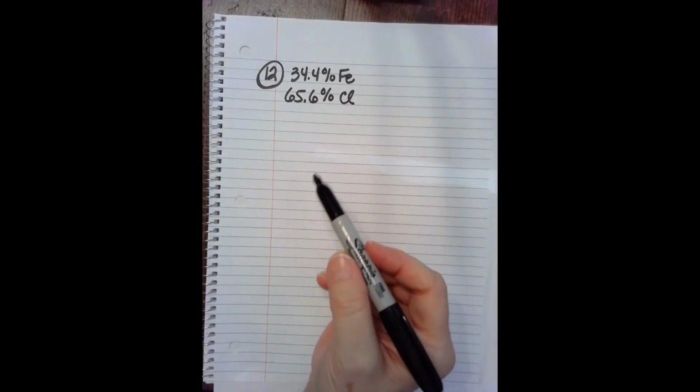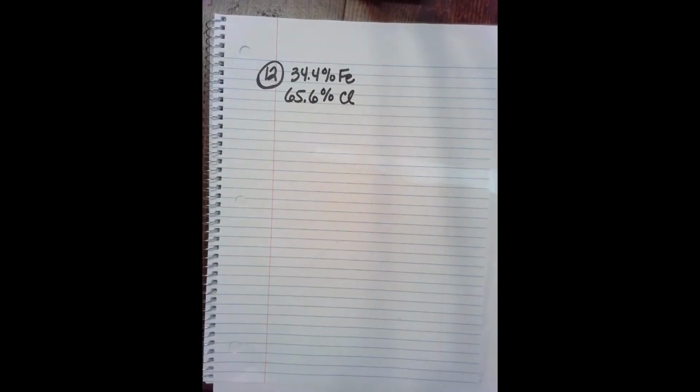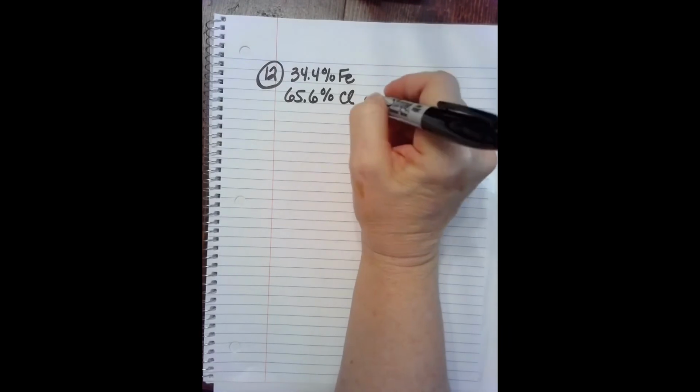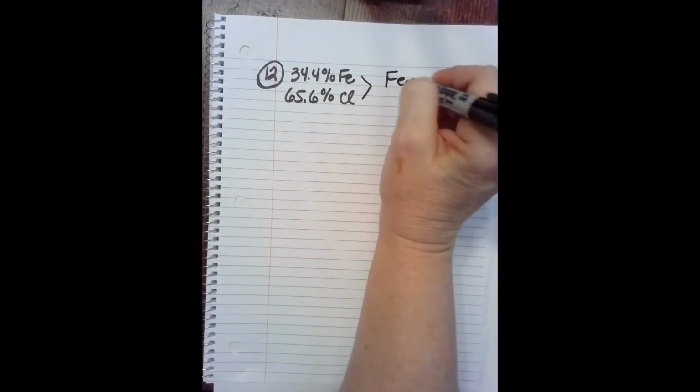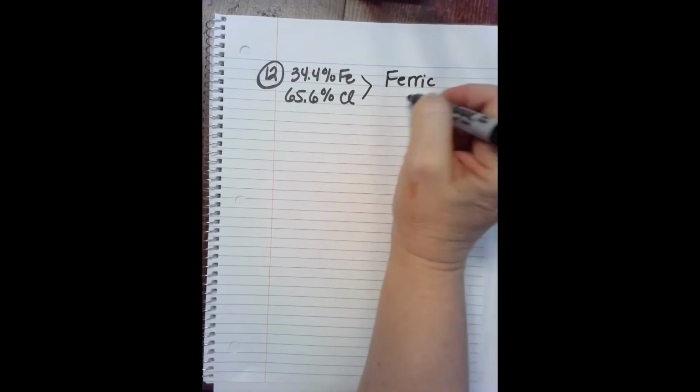All right, so I'm going to bring this over. So here is the data table that you're going to be looking at. We have 3 compounds, and they have different amounts of iron and chlorine in them. The sample sizes are 25 grams for two of them, and 27 grams for one. These are the percentages if the compound is ferric chloride.